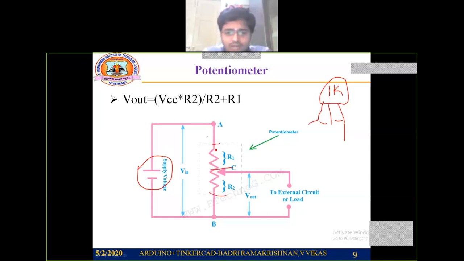So first and third terminal we are connecting to supply voltage, and from the second pin we are trying to take output. This voltage is proportional to how much resistance we have from the second terminal to the third terminal. The voltage V out I can calculate by using this formula: V out equals VCC multiplied by the resistance R2 divided by total resistance, that is R2 plus R1.